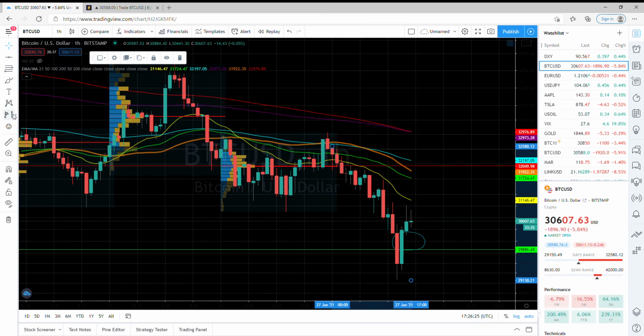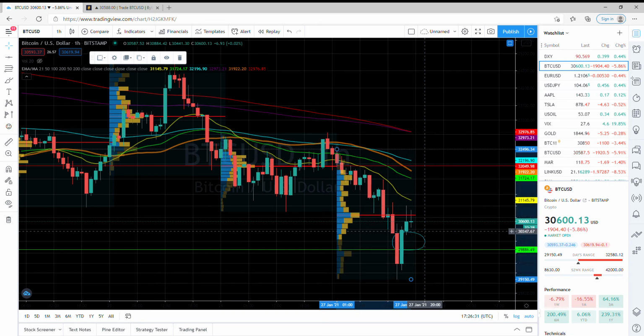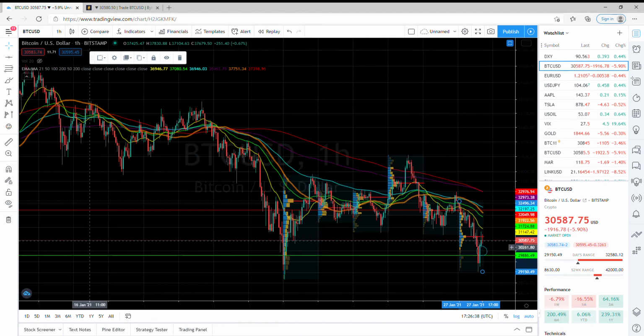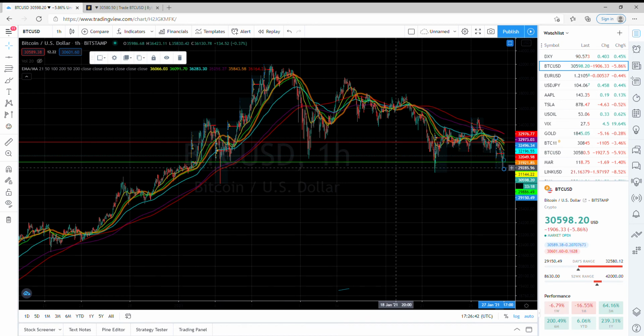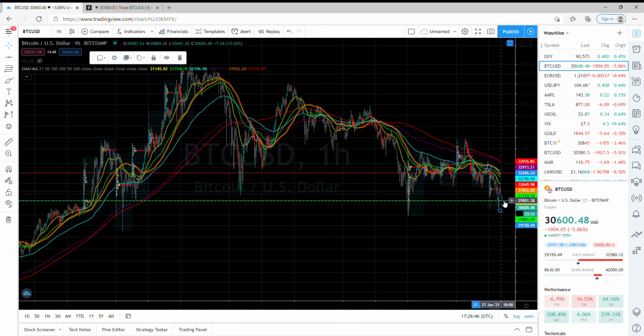You can see what the volume node is. The volume node that was way back at this level got respected not once, but this is the second time.